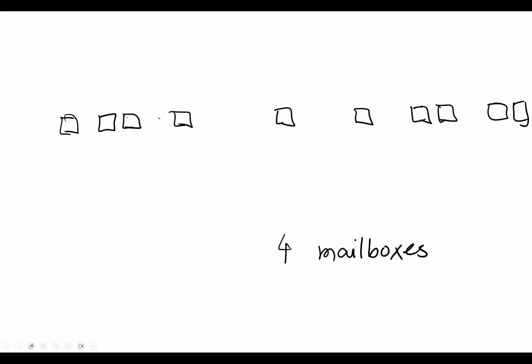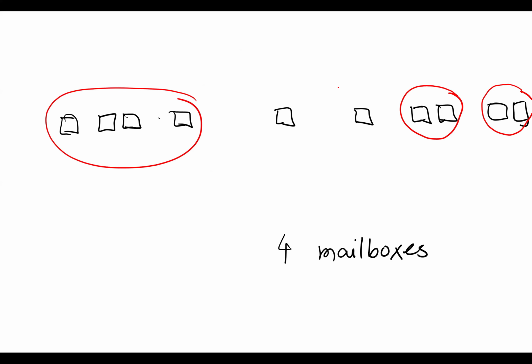So why don't we just make clusters, let's say one cluster here, one here, one cluster here, and one cluster here, right? Putting them this way will probably help us minimize the distance from the mailboxes. So we put the mailboxes in the median houses.